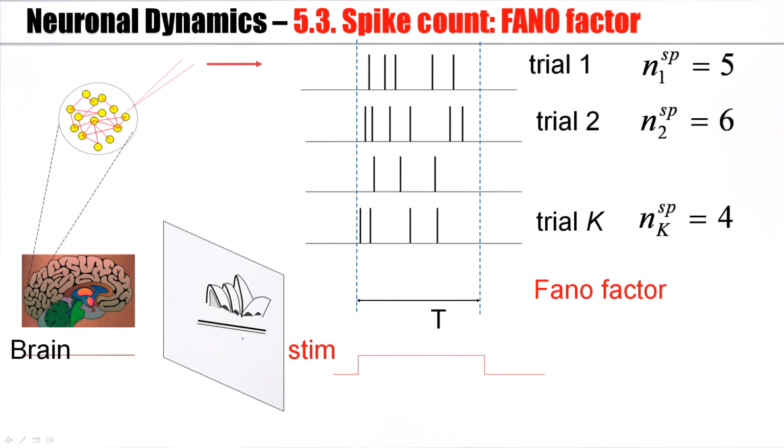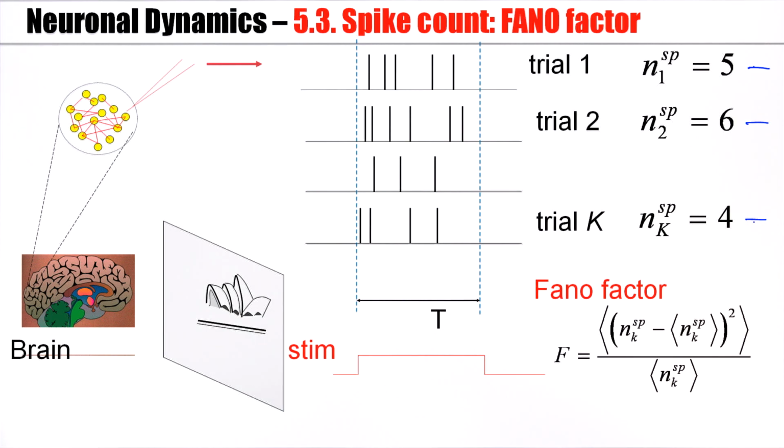Now you see that the spike count measure itself is variable. It changes between one trial and the next. To see how large this variance is, one can calculate the Fano factor. First we determine the mean. So the mean spike count in this case would be 5.